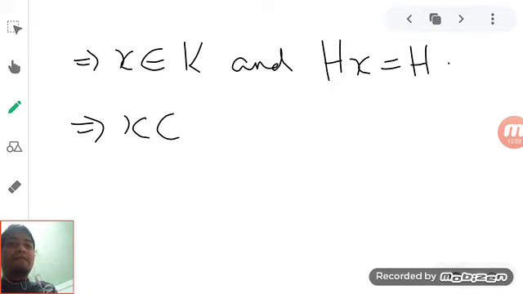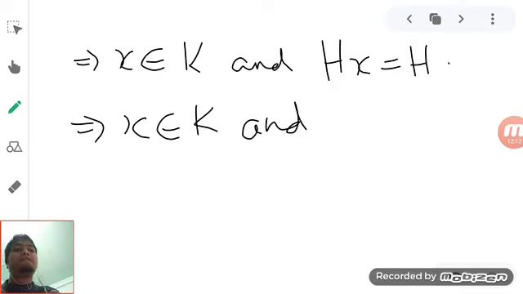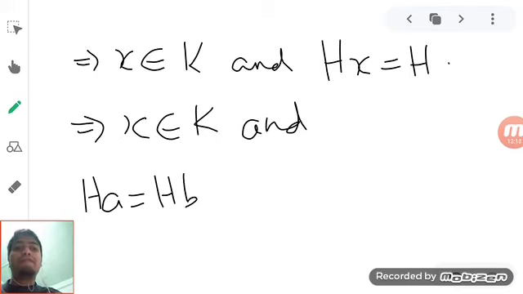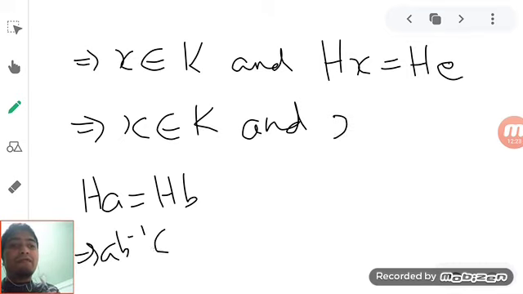So we will have Hx equal H. Ha equal Hb means ab inverse belongs to H. So Hx equal H, or we can write it as He also. So we will have ab inverse belongs to H, but over here we will have x e inverse.